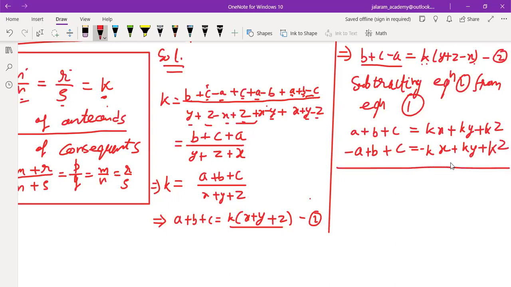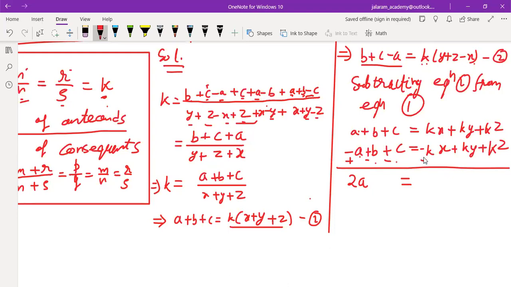And on subtracting, minus minus plus, minus minus. So a plus a, 2a will be there, b minus b will be cancelled out, c minus c will be cancelled out.